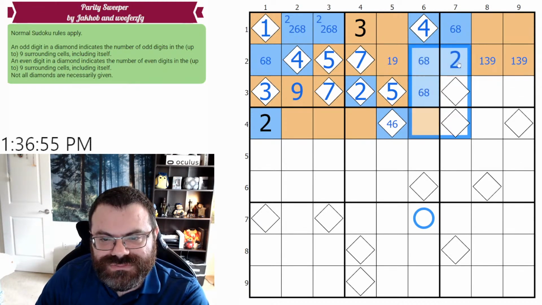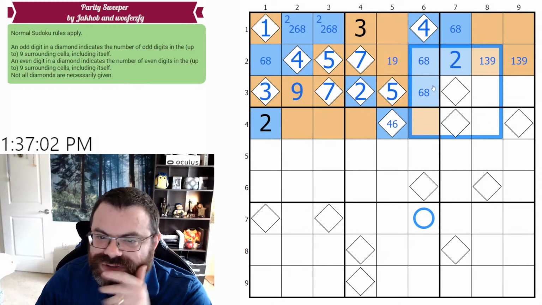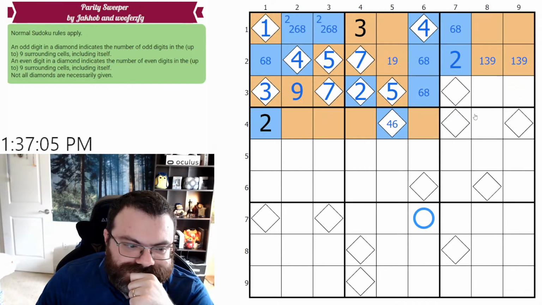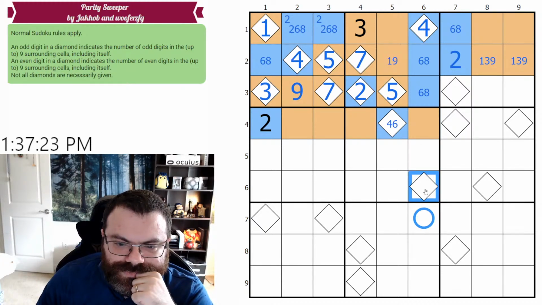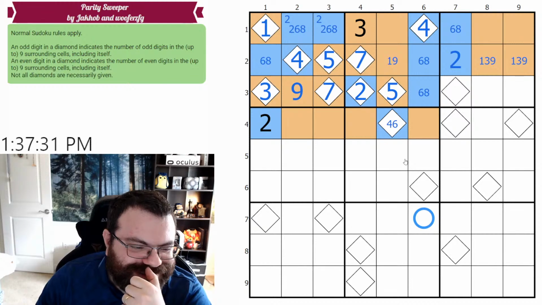If this was even, it wouldn't be a 2. I'm not sure. Row 4, column 5 can't be a 6 because Zeta would lose his bet.